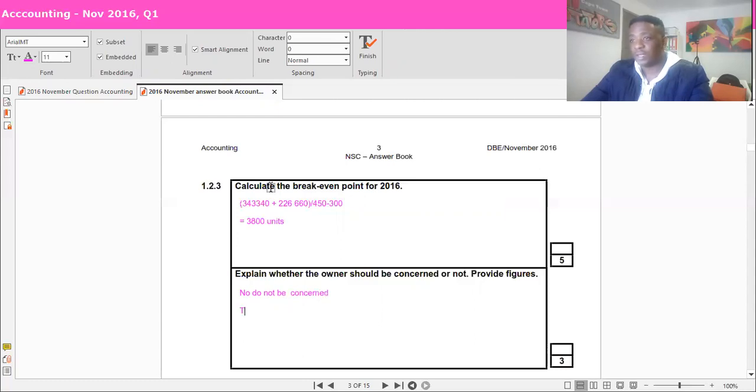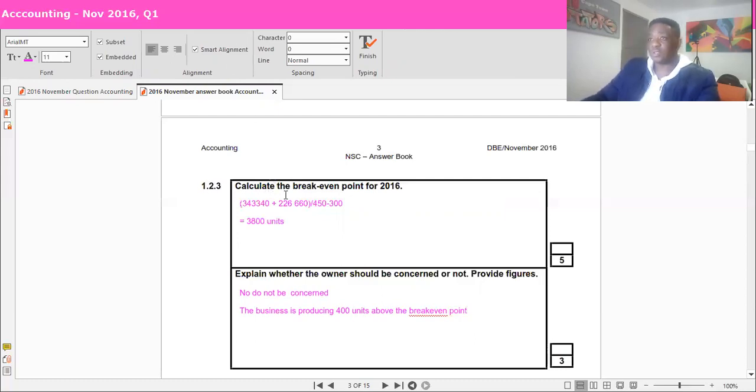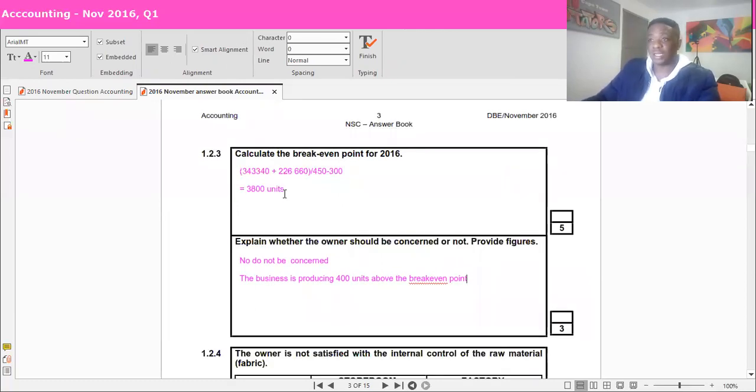The reason for that is the business is producing 400 units above break-even point. Yes, that would be my answer there. Straight, easy marks without having to put complicated explanations. Just keep it simple.